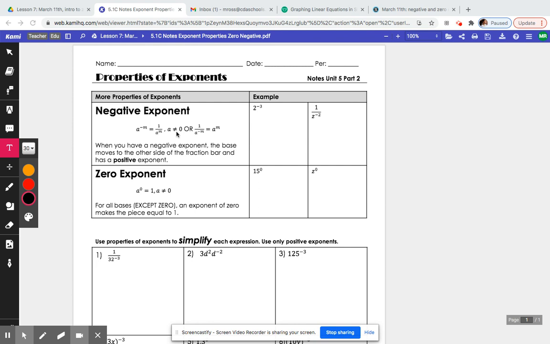Or if you already have a fraction, 1 over a to the negative nth power, again we're just going to flip that and make a to the nth power a regular exponent. Let's look at this example.